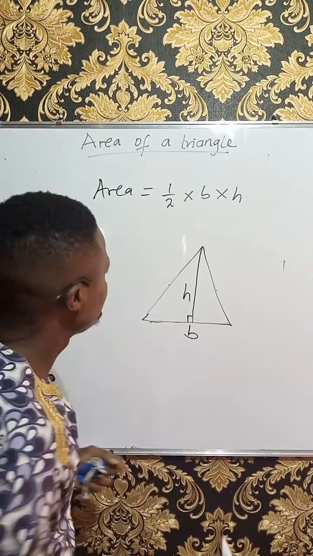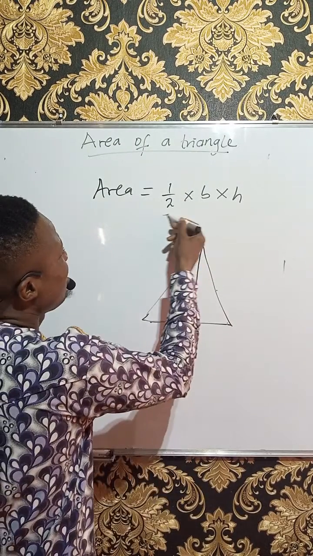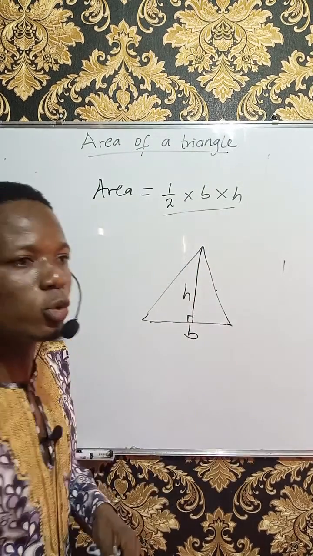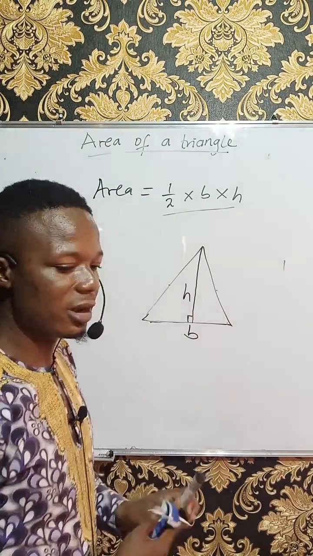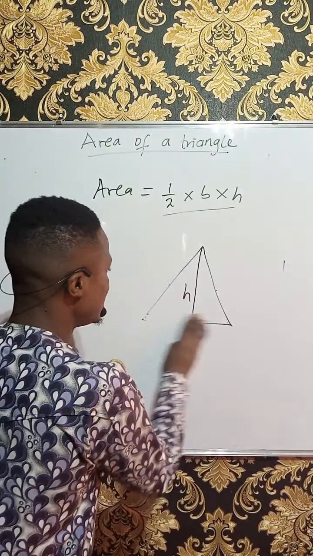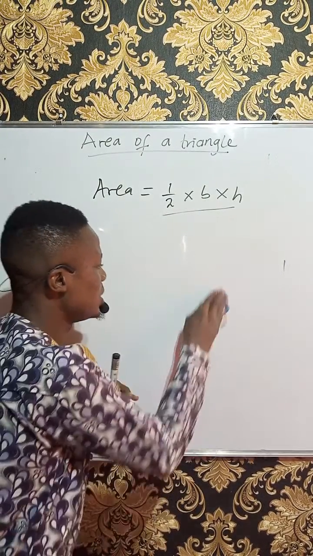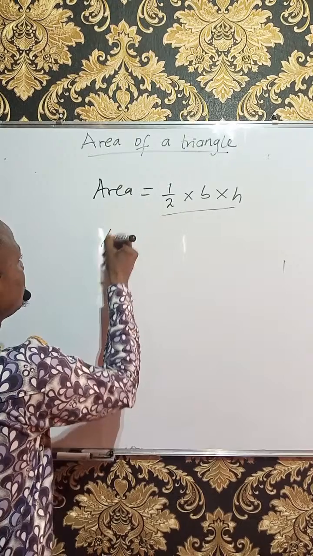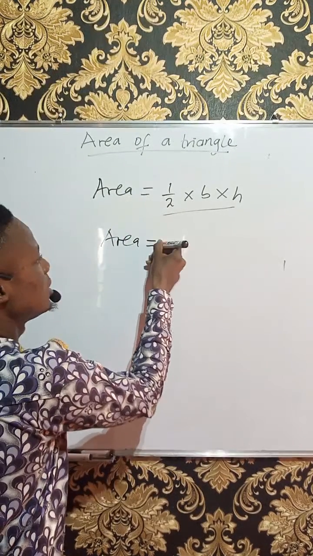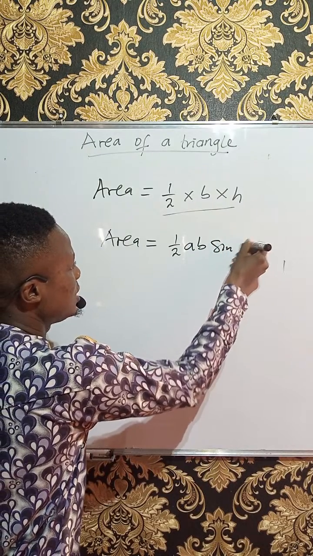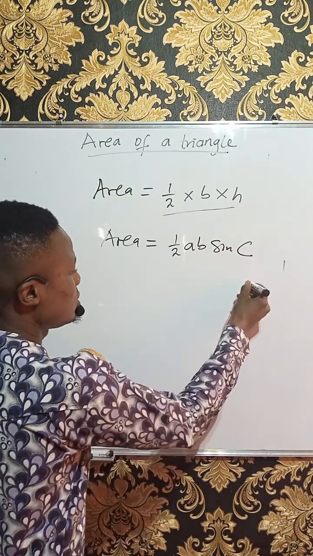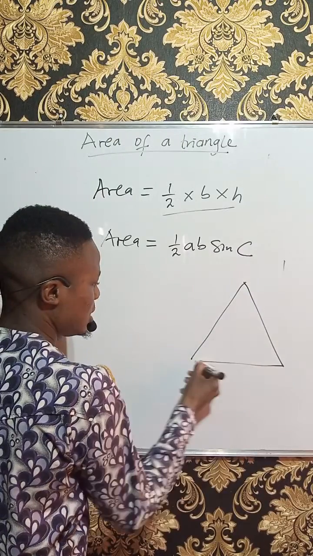Now, this formula, half base times height, came from the general formula of getting the area of a triangle. Basically, the area of a triangle can be half AB sine C. Take for instance, you have a triangle like this.